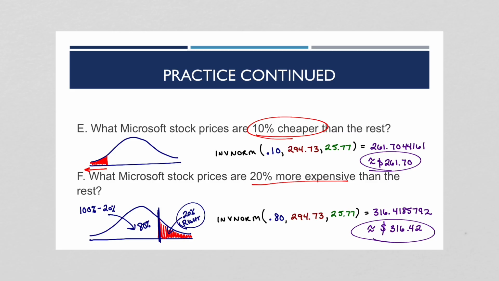So for part E, we should have gotten roughly about $261.70 if you round to the second decimal place. I chose to do that just to include the dollars and cents. This is the most accurate we can get around money. And then for part F, we've got $316.42. Okay, so this completes section 6.3.